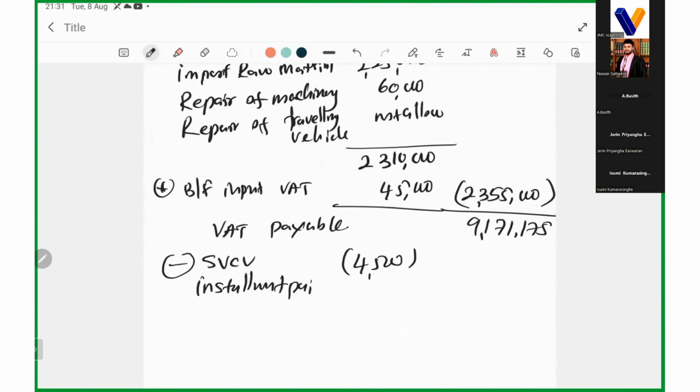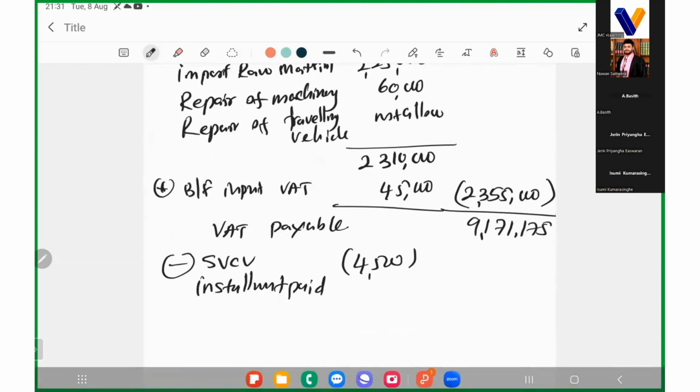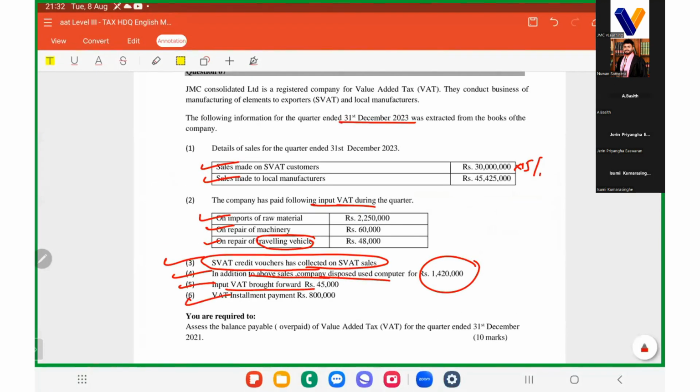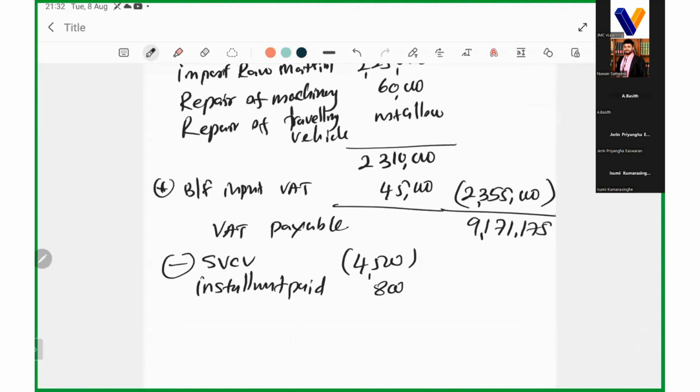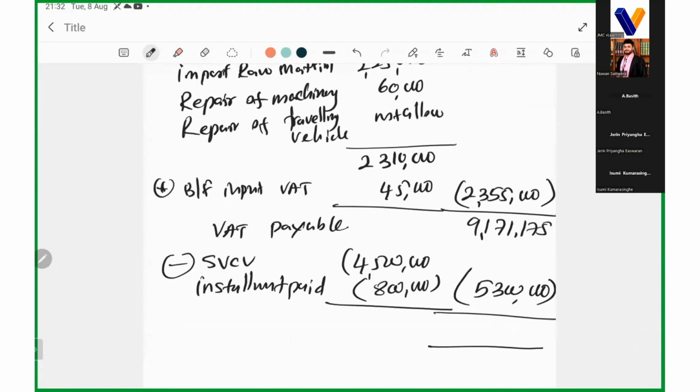Installment paid, 800,000. So altogether how much? 5,300,000. That gives 3,871,750. That is the balance VAT payable.